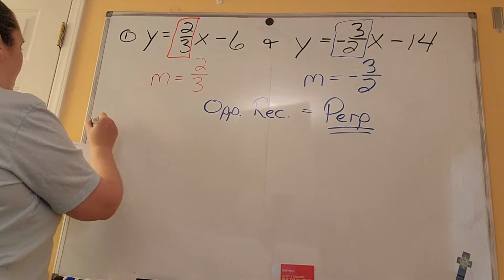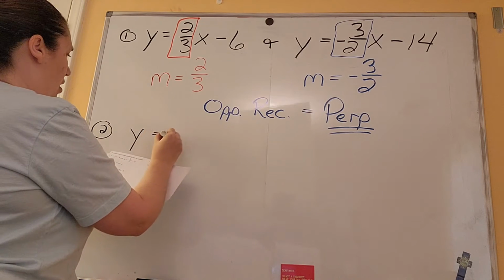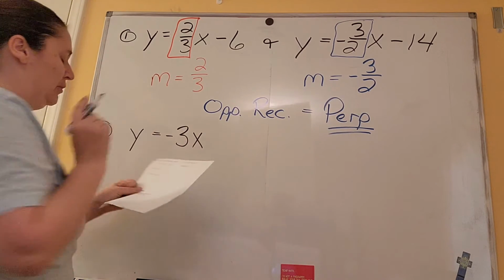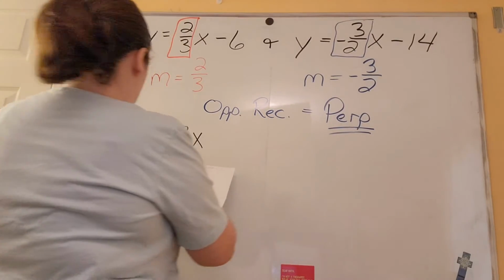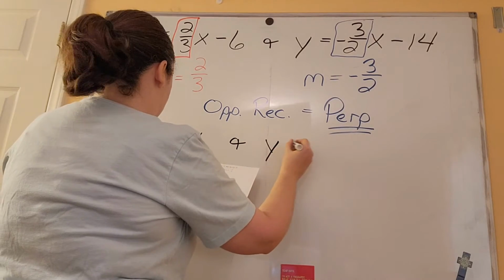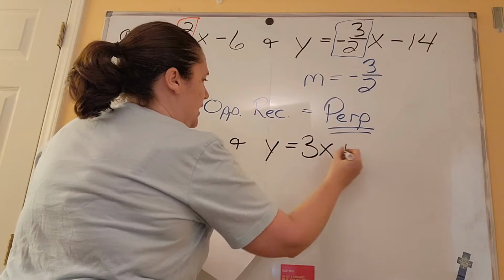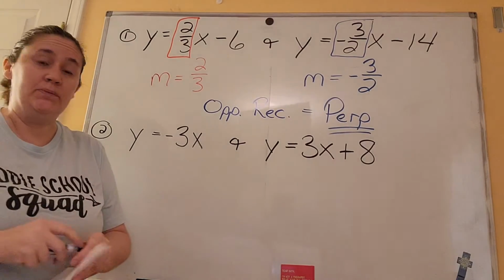We have to figure out if these two lines are perpendicular, parallel, or neither. So y equals negative 3x and y equals 3x plus 8. Let's look at their slopes.